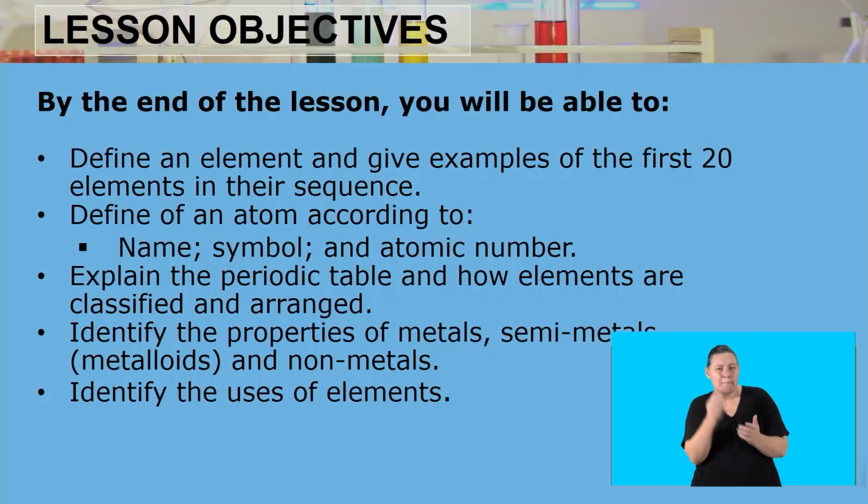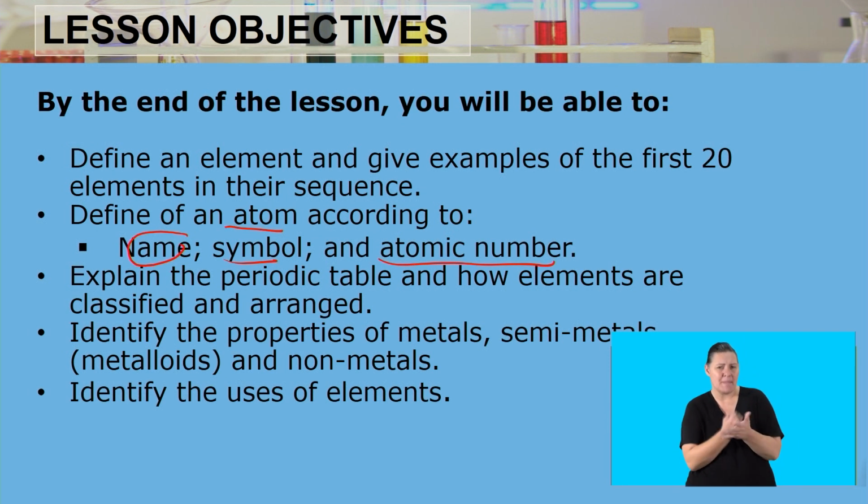Now let's look at what we need to achieve by the end of this lesson. Firstly, we need to be able to define an element and give examples of the first 20 elements and also their sequence in the periodic table. Number 2, we need to define what an atom is in terms of its name, the symbol, and its atomic number.